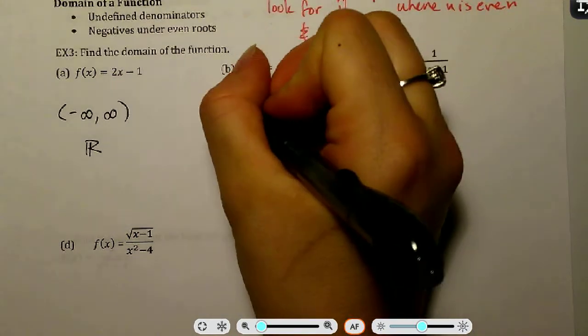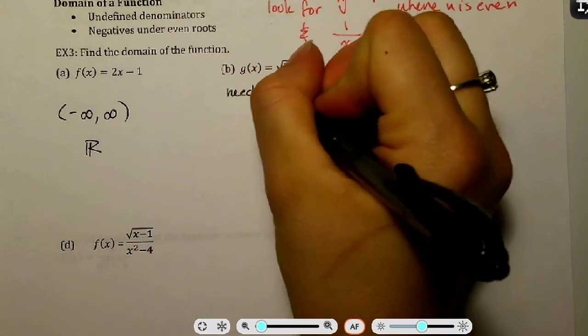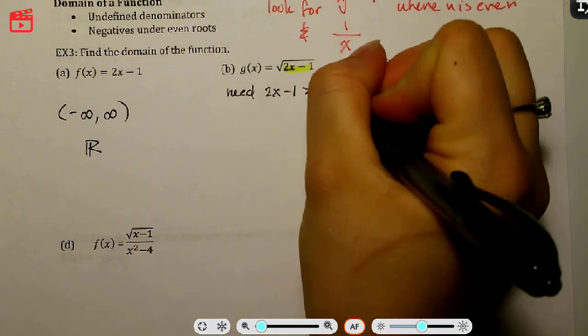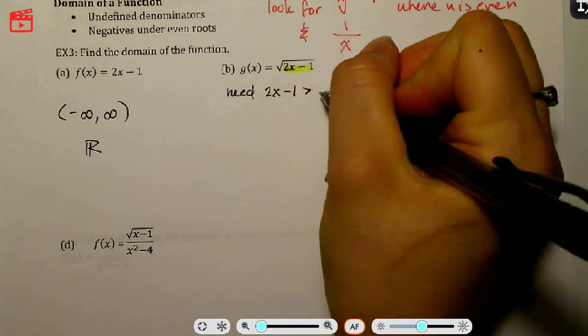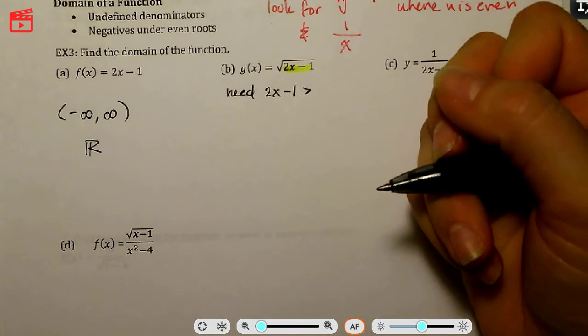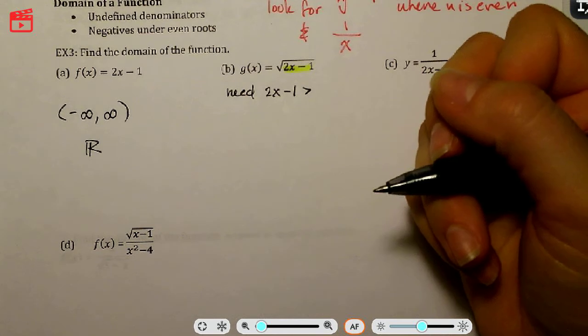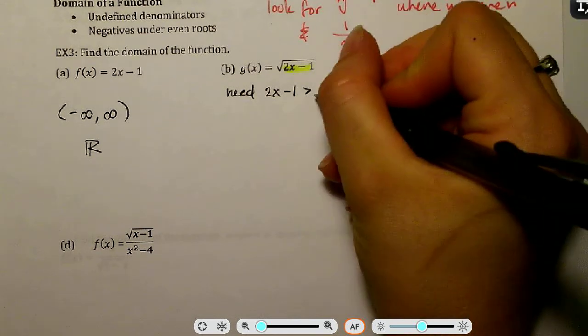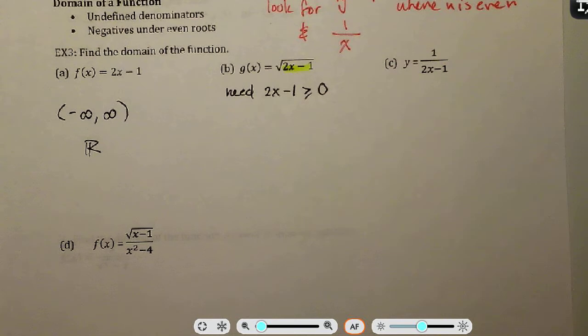So what I need is 2x minus 1 to be greater than, can it be equal to 0? Is the square root of 0 defined? Yeah. 0 times 0 gives me 0. So I could let this equal 0. So we need 2x minus 1 to be greater than or equal to 0.